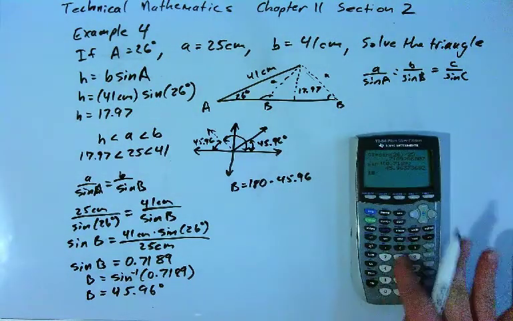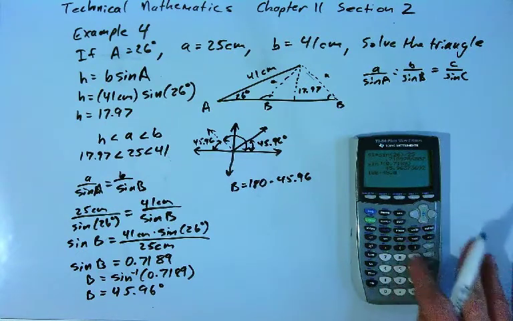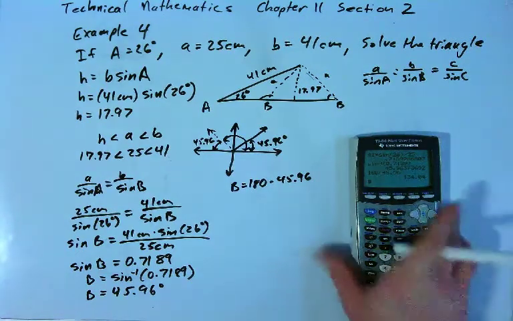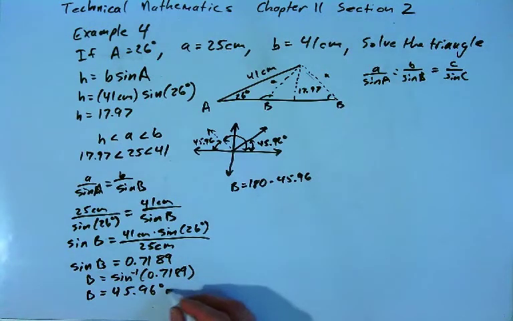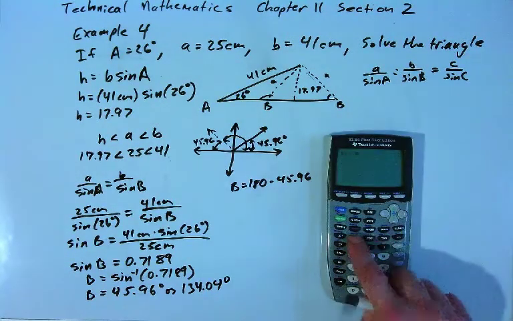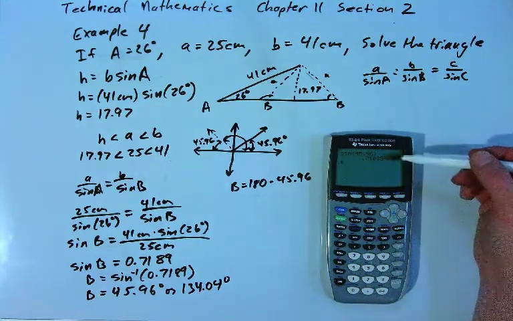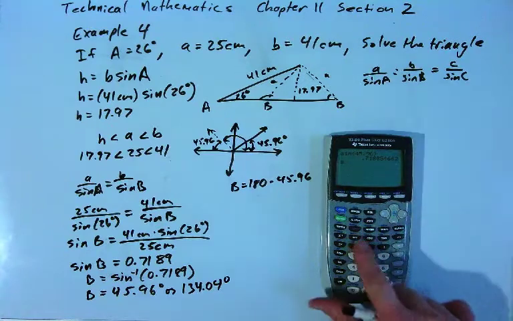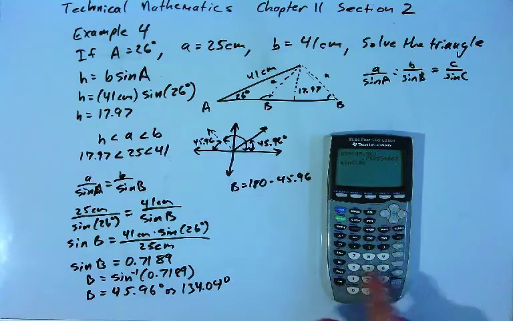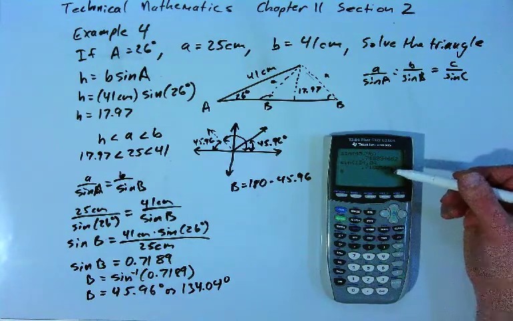And so we'll type that in. 180 minus 45.96. And we get 134.04. So B is either 45.96 degrees or it's 134.04 degrees. And I can check these answers to make sure. So let me check them for you. The sine of 45.96 is 0.7189, and the sine of 134.04 is also 0.7189.